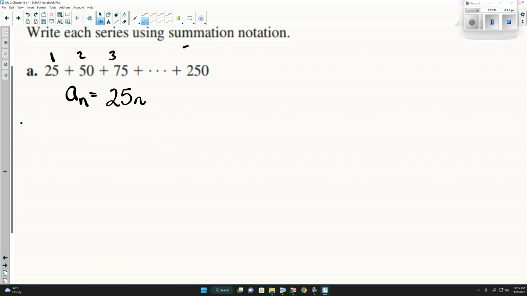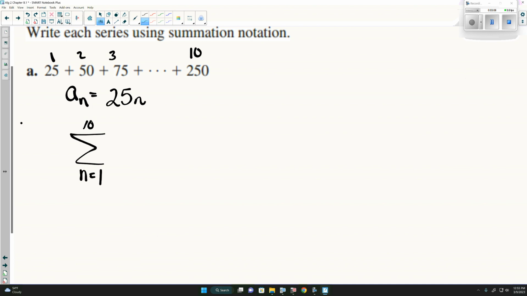But we need to figure out which term 250 would be, because we do have a definite end. And this would be what? What term would 250 be for this sequence? 10. So that tells us we have the first through the 10th term. So to write our summation, we'll start off with this here, and we'll say n equals 1, because we're starting off with the first term, and we're going to what term?